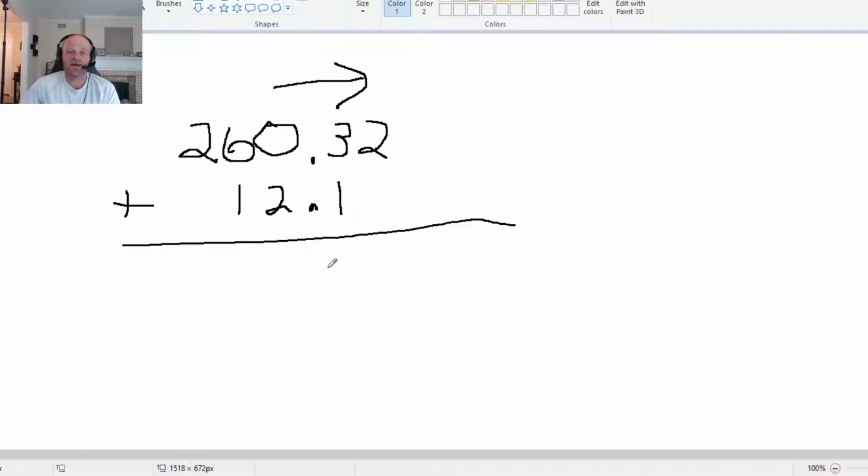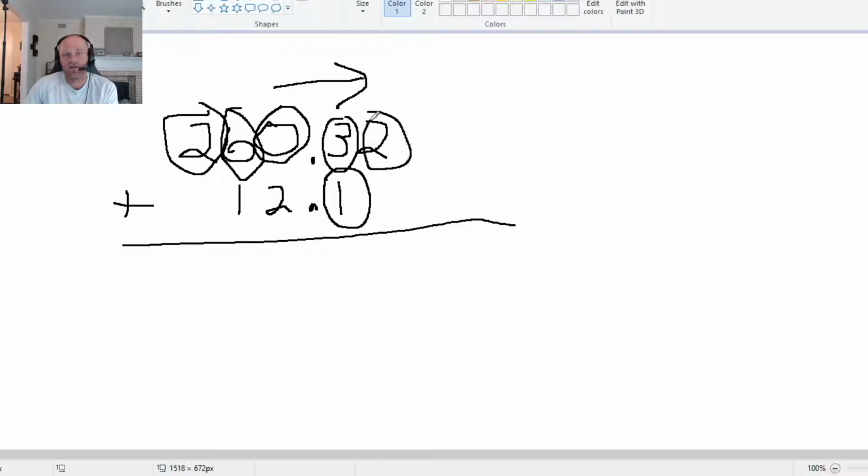So for this one, I have to stop in the tenths place. Just remember the names of these different place values: the singles, the tens, the hundreds. Going the other side of the decimal, it's the tenth, the hundredth, and the thousandth.